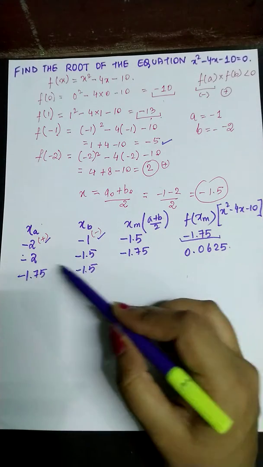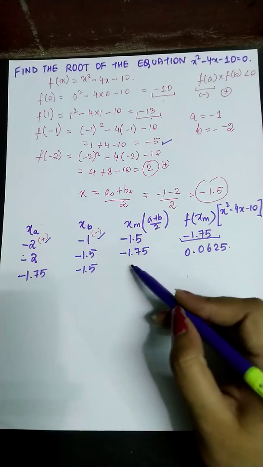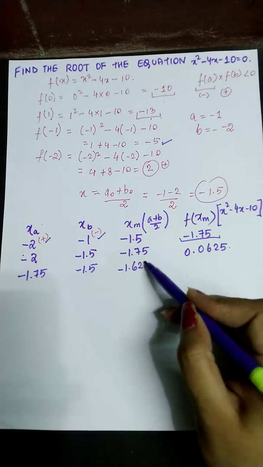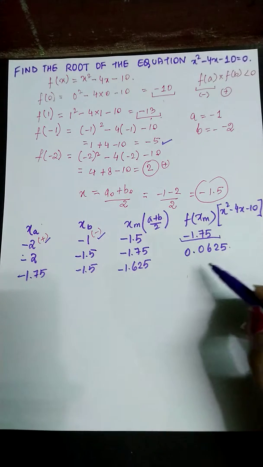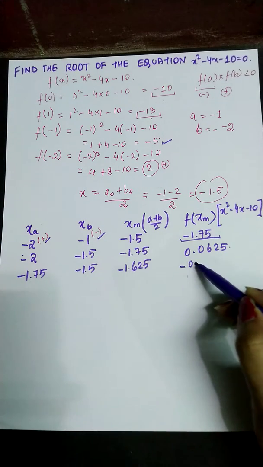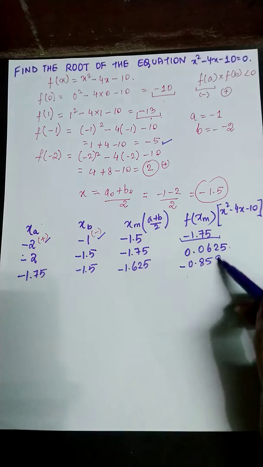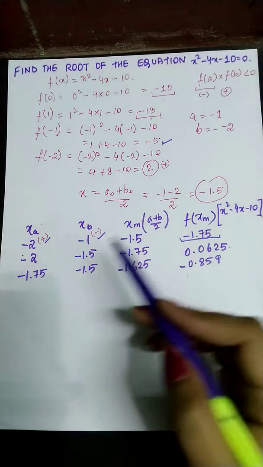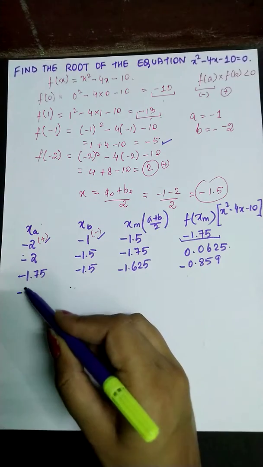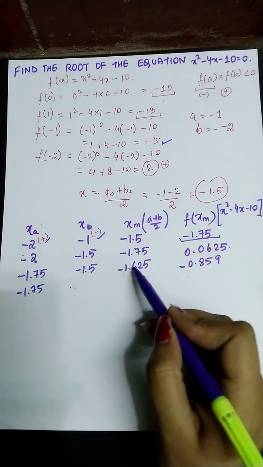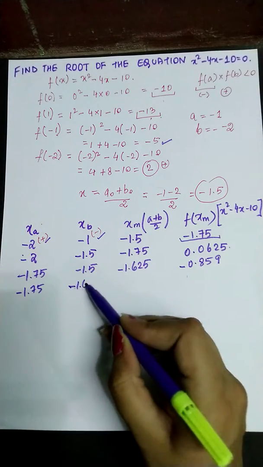We find the middle value between them, which is minus 1.625, and then f of minus 1.625, which is minus 0.859. Again a negative value, so we replace this. So we write minus 1.75 here, and this value comes here.